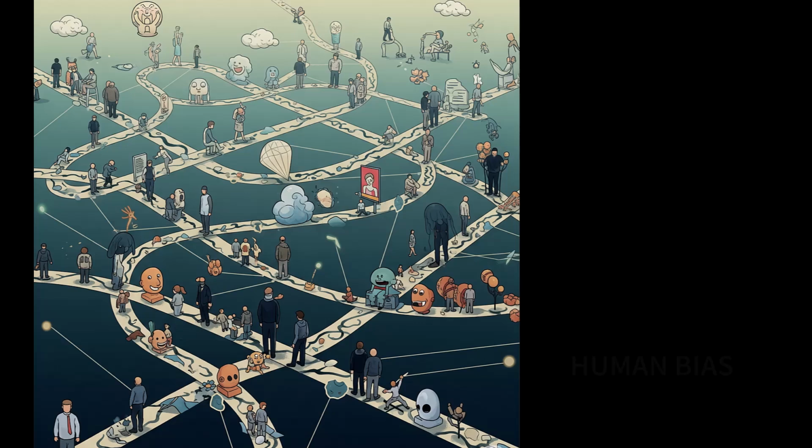For example, if a team building a medical AI is primarily composed of individuals from one specific demographic, they might inadvertently overlook certain symptoms or health conditions that are more prevalent in other groups, simply because they haven't been exposed to that knowledge.